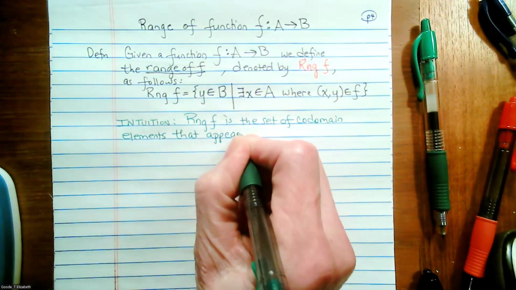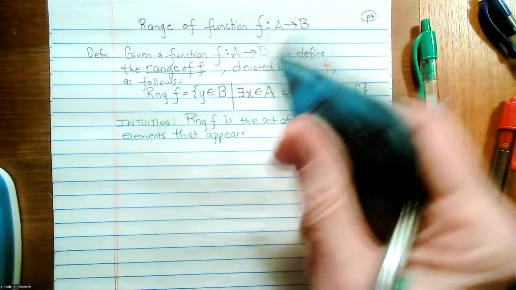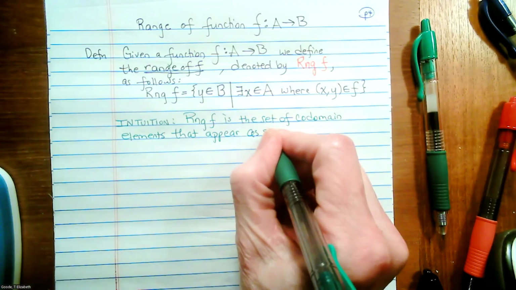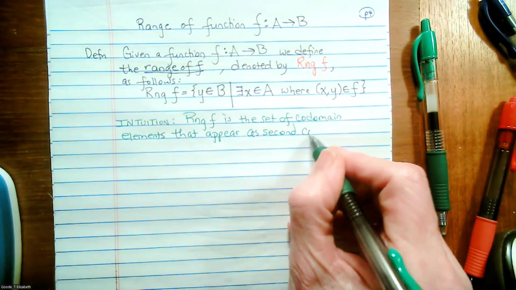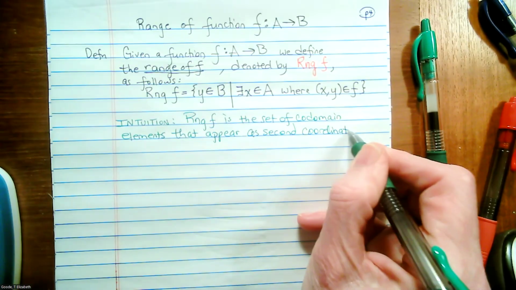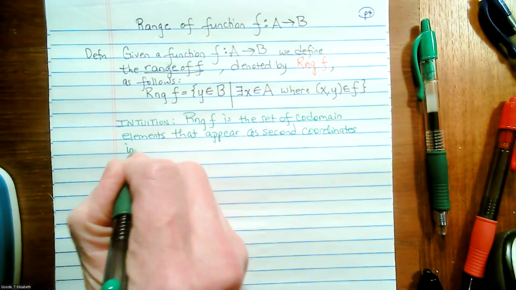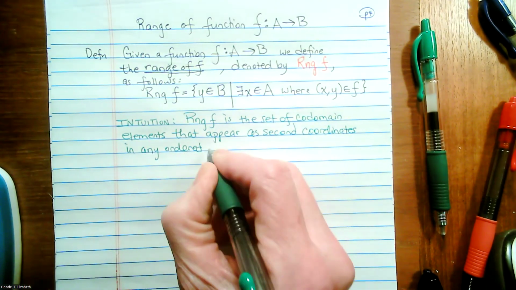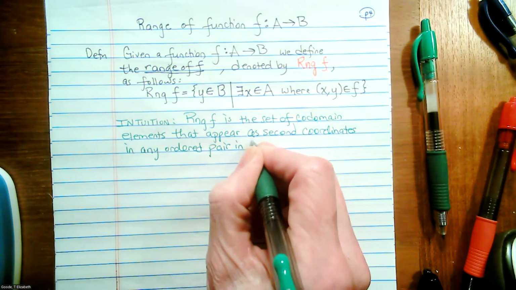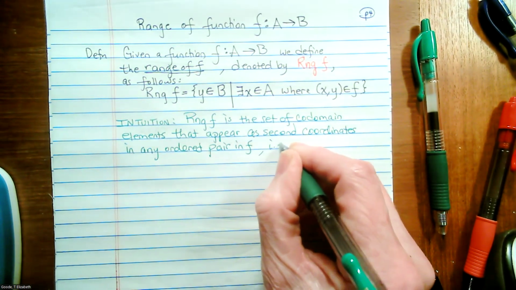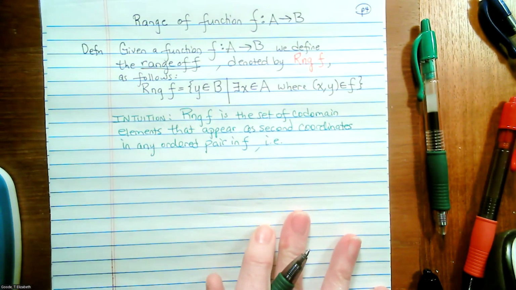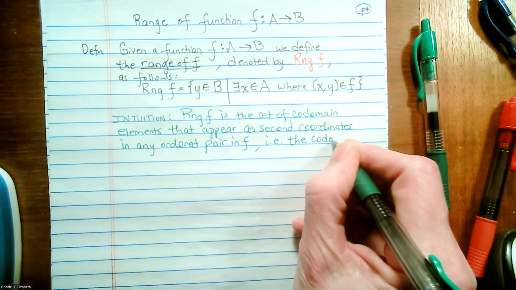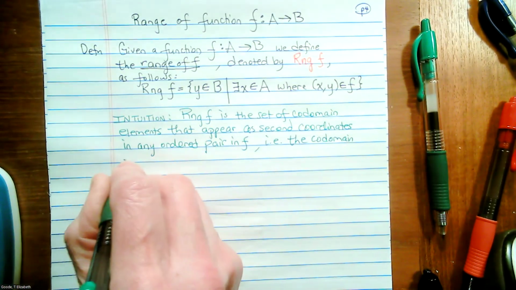So it's only the y values that appear as second coordinates in any ordered pair in F. Now we'll just switch from the ordered pair point of view to the arrow diagram point of view: the codomain elements that get hit by an arrow.